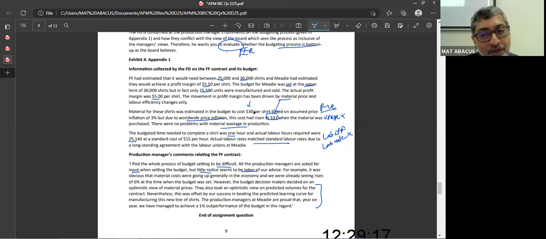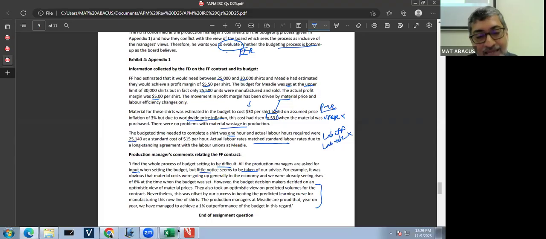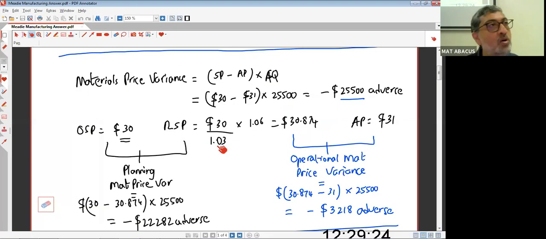So in the $30, there is already 3%. That's why by dividing by 1.03, I'm removing the original assumption, and then I'm adding 6%, a new assumption. So basically, I'm changing the assumption.